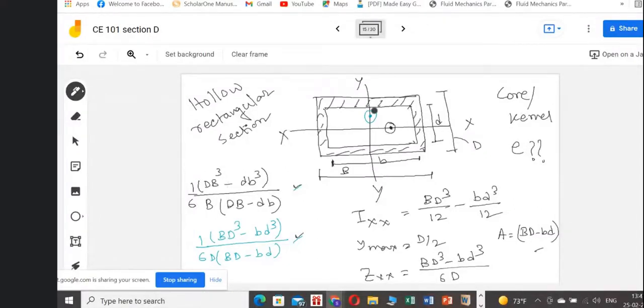About the axis, this portion was ey and this was ex. It is the easy part. We just have to find the section modulus, and the area is the same. Just the change will be the DB cube or BD cube.